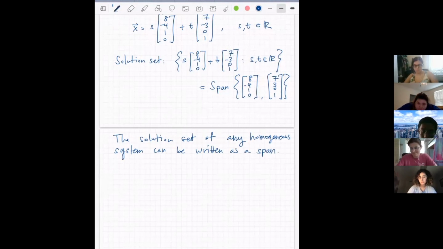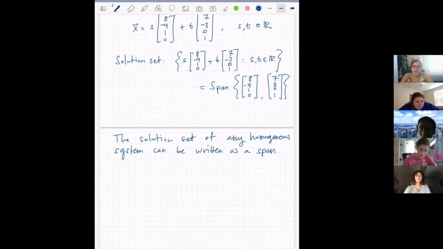So we can think of the solution set as being a span, and remembering what we talked about with the span earlier, it's either going to be a line, a plane, or some higher dimensional set. So it kind of limits the types of solution sets that we can get. We already had an idea of the types of solution sets we could get from linear equations, but this makes it even more concrete.